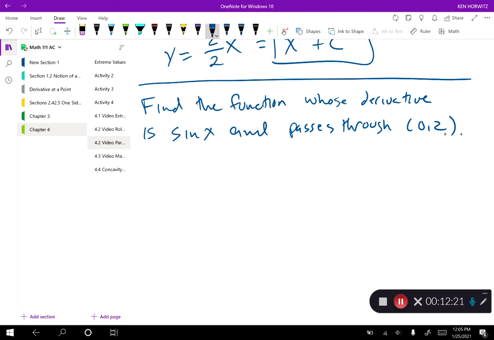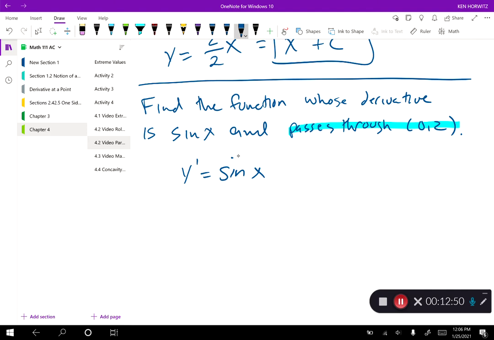All right. So this is the additional information we're going to use to find out what C is. But the first thing I want to know is, if my derivative is sine x, then I want to know what my antiderivative is. All right, so what function has a derivative of sine x?